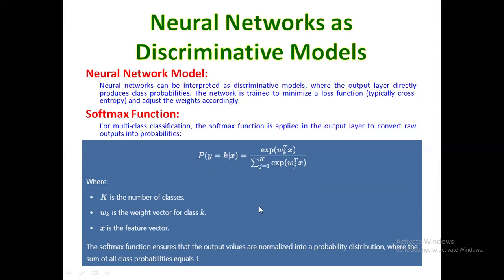So the softmax function normalizes the raw output scores so that they sum to 1, allowing the model to interpret the output as a probability distribution over the possible classes.